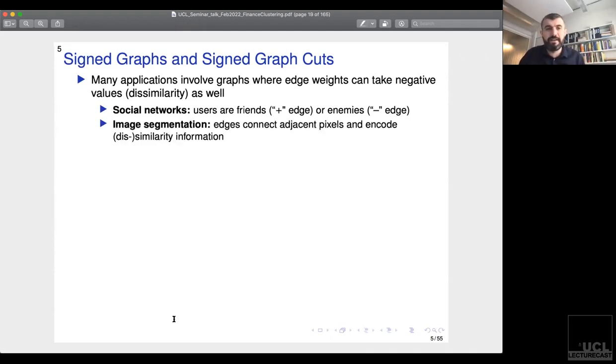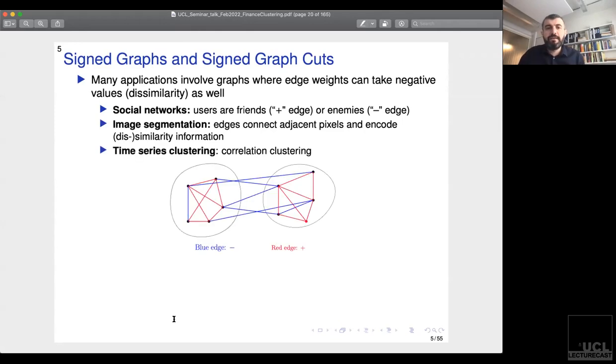In social networks, we have friends and enemies, but really the way I arrived at this problem is through time series clustering. I used to work in finance some time ago, and I was looking at streams of daily returns for a universe of stocks. One of the goals there is to find clusters of these time series.